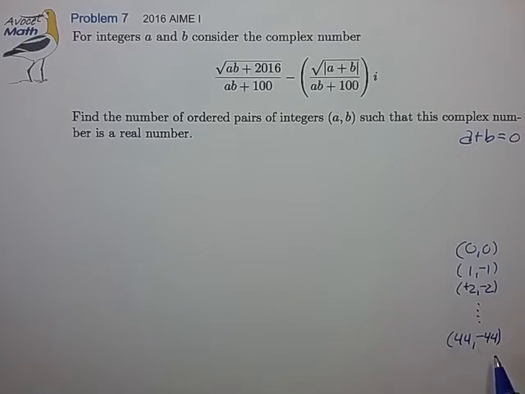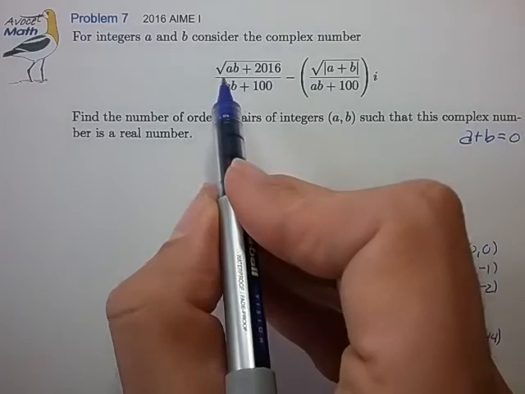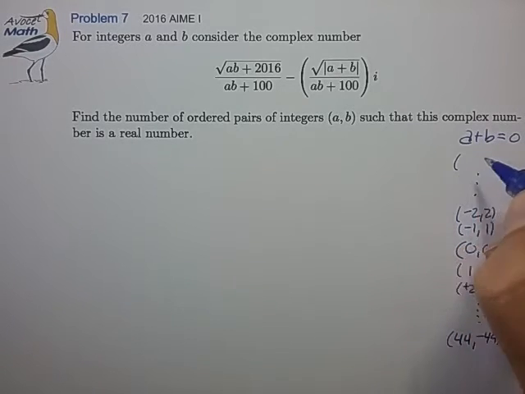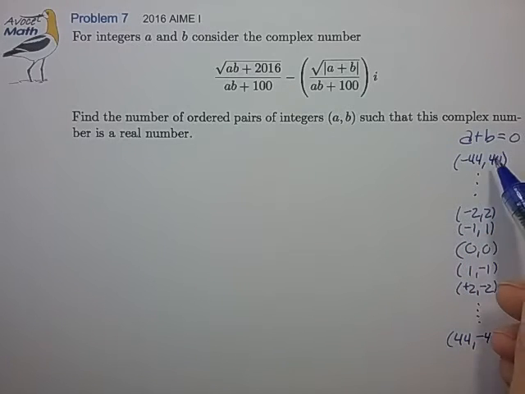If we make this number any larger, then we run into the issue where this starts becoming an imaginary number, and that we'll have to treat as a separate case. And it looks like we can also go up on this scale all the way up to minus 44 plus 44.